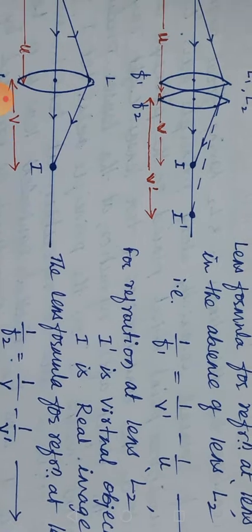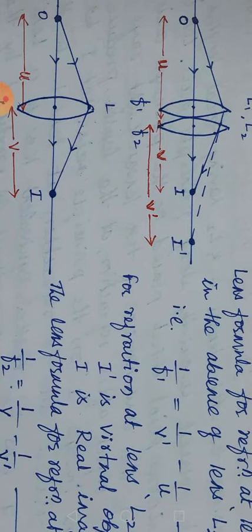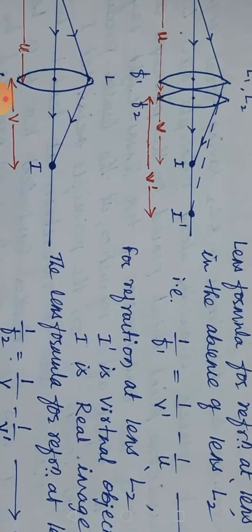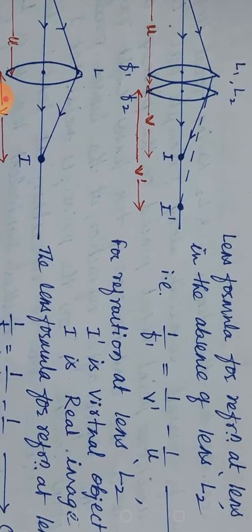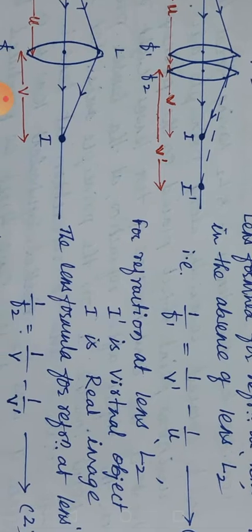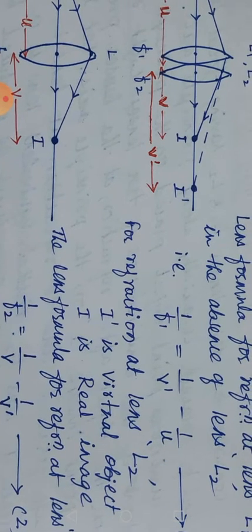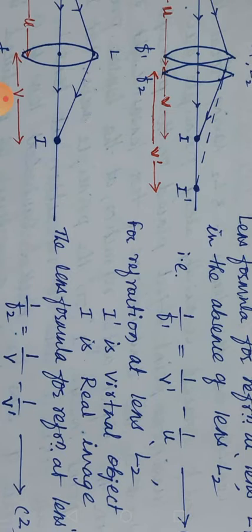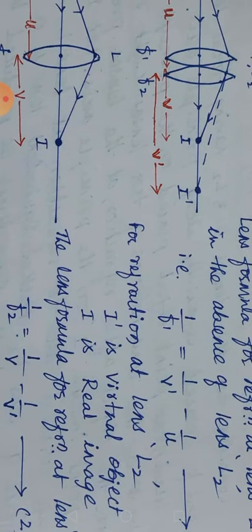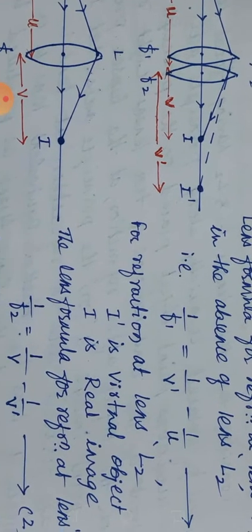For lens L1, O is the point object and I dash is the image. For refraction at lens L2, I dash acts as a virtual object and I is the final real image.